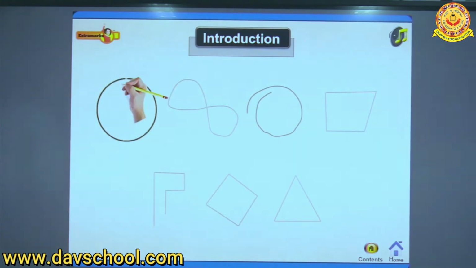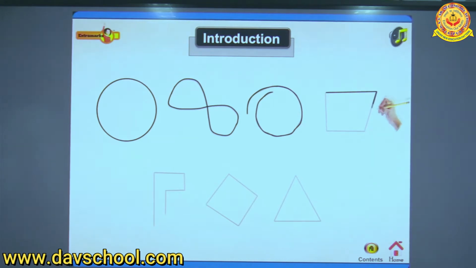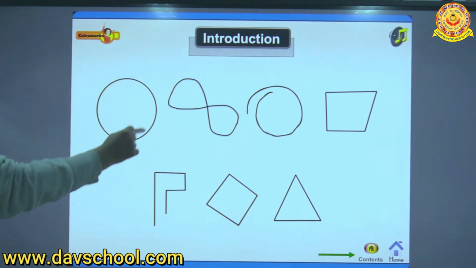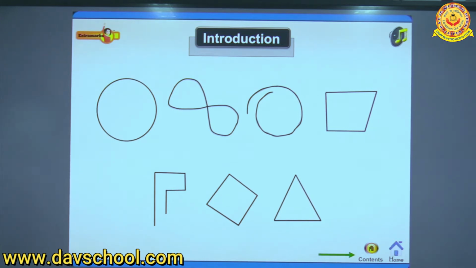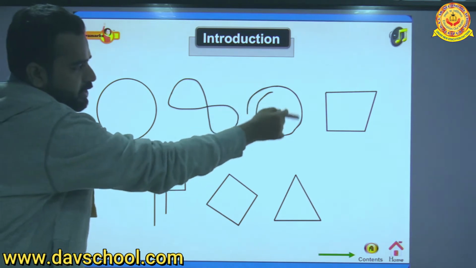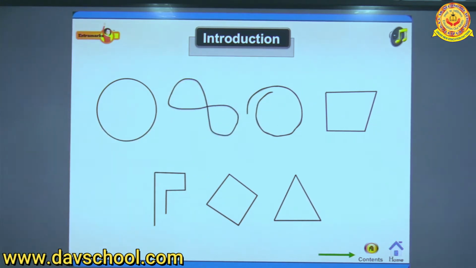Okay, as you can see, these kinds of figures. Now look at this figure. Is it closed or open? Closed. It is closed. This figure is open. That means we can say that polygons or any figure can be closed or open.